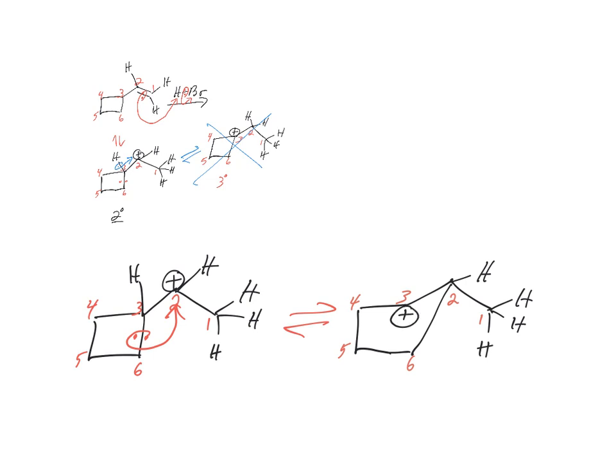Let's redraw as a 5-member ring. Let's make it a little prettier. This is why numbering is nice, because we don't have to worry. Right? We'll just number. So there's 1, there's 2, 3, 4, 5, 6. And where was the plus charge? 3. Awesome.